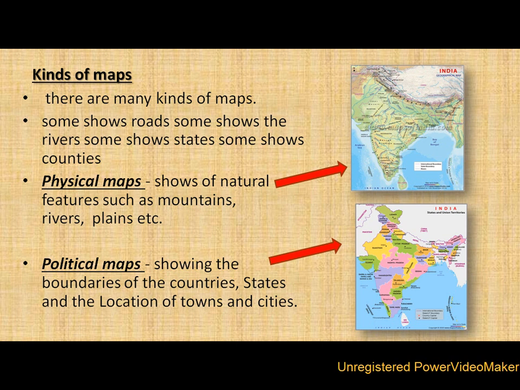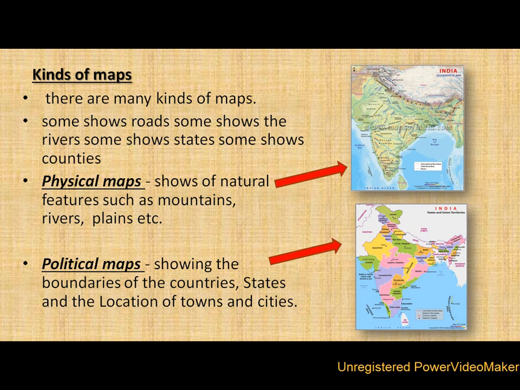Then when we come to the second map on this page, on the right side bottom, it's also an Indian map. We can see the boundaries of India and the boundaries of the neighboring countries and the boundaries of the states and the capitals of the states and the country.